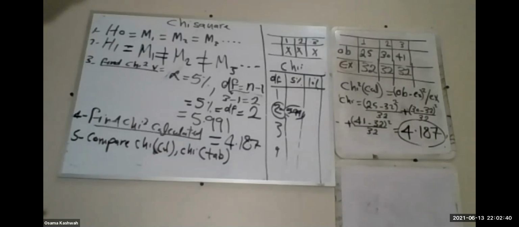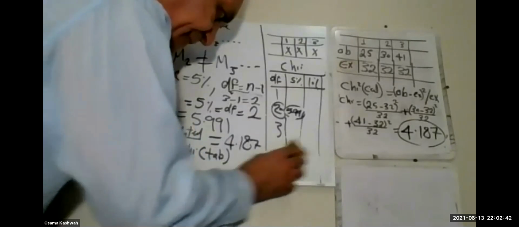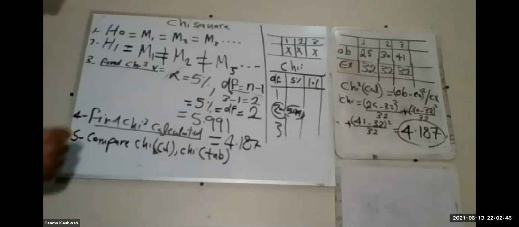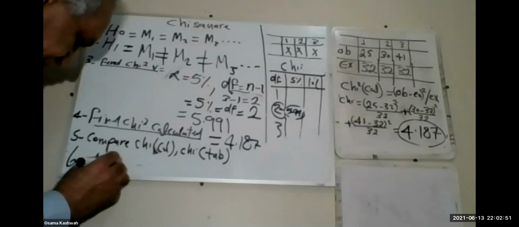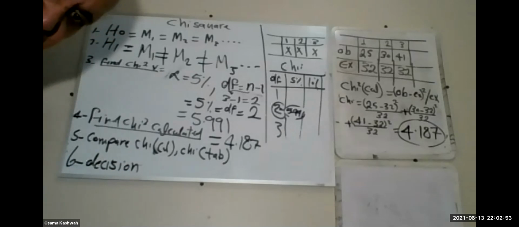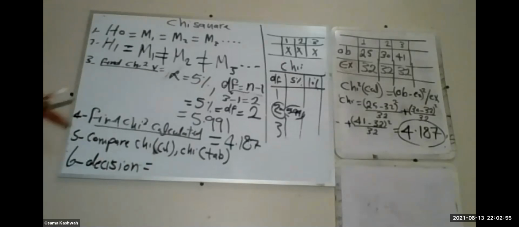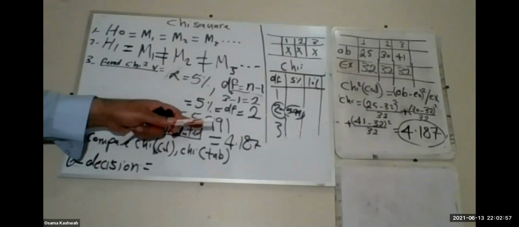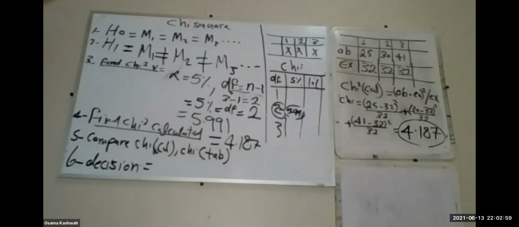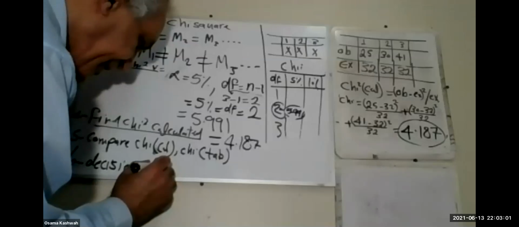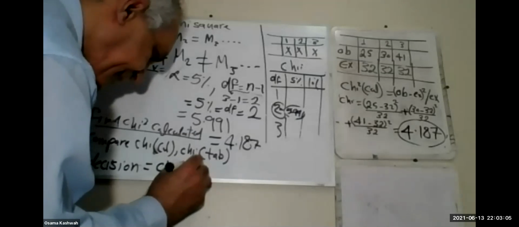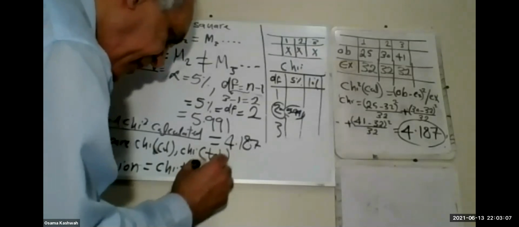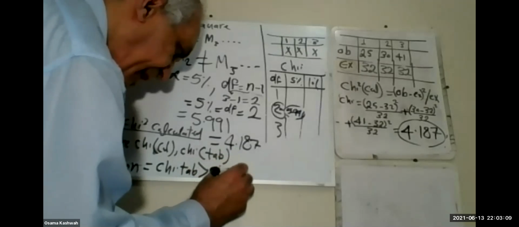What will we find? Step 6 is the decision point. Since the tabulated is greater than the calculated, chi tabulated is greater than chi calculated.